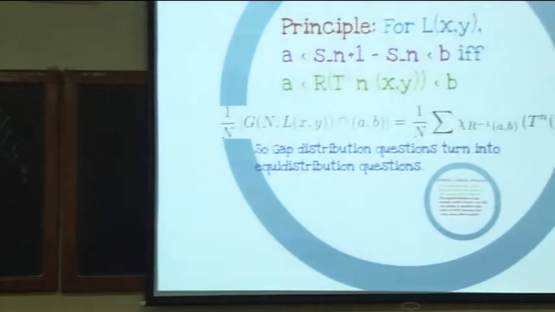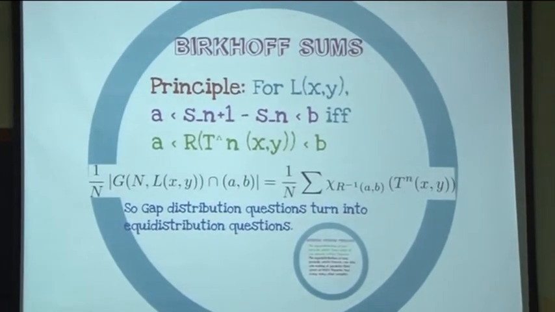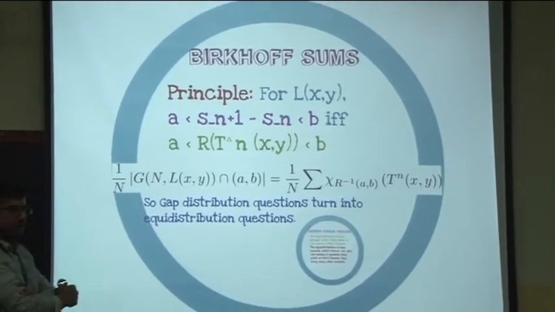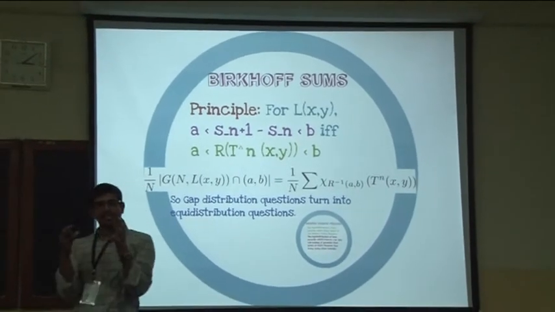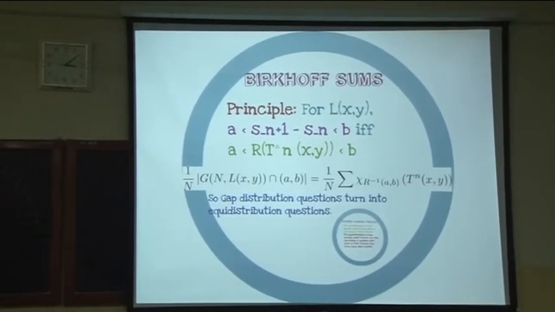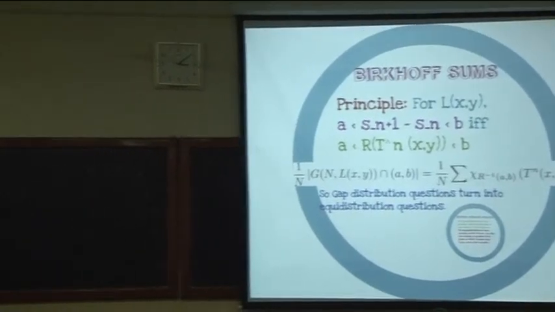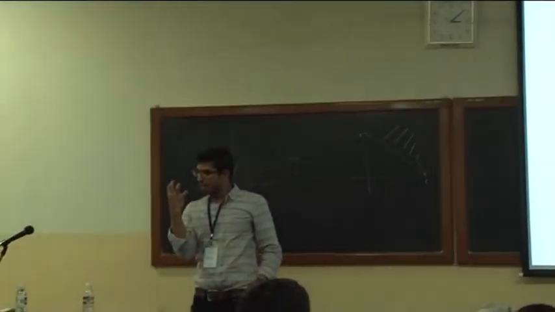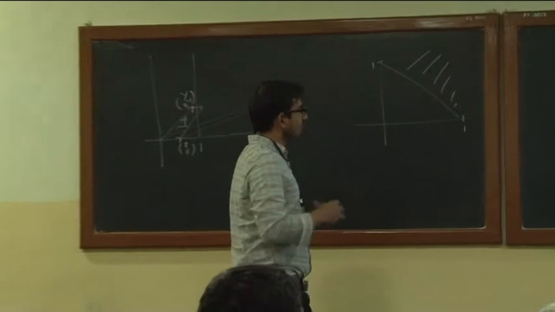Okay, so now we're actually ready to use the power of horocycle flow to compute our gap distributions. By being able to translate the problem into a problem about horocycle flow, we have a lot of power at our disposal. So here's the principle.